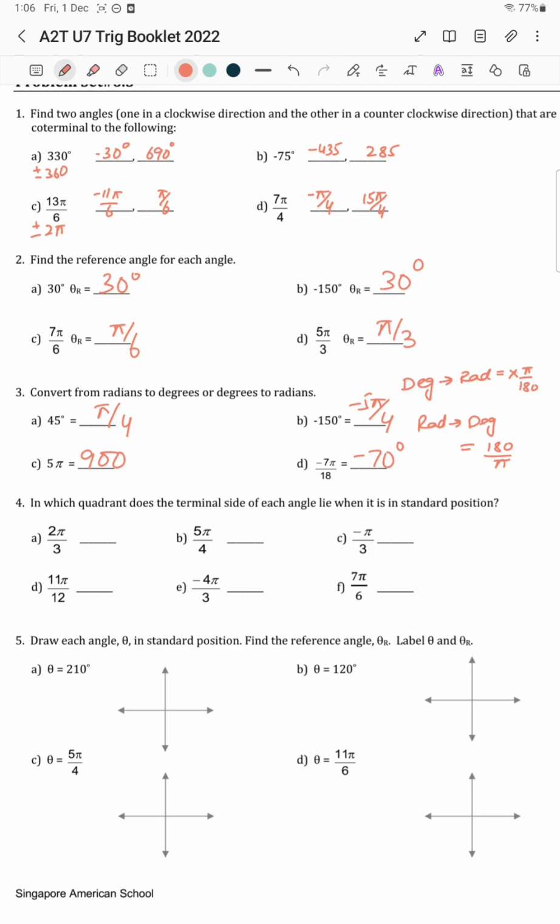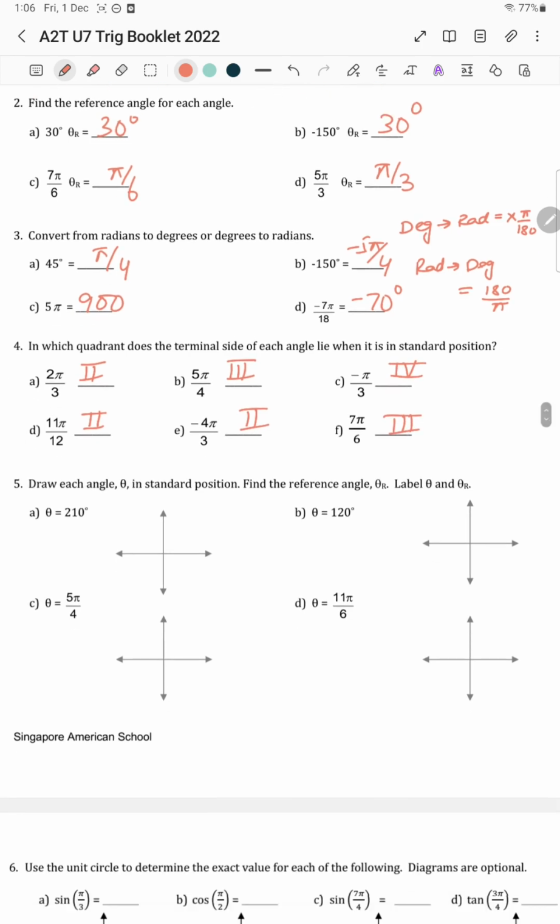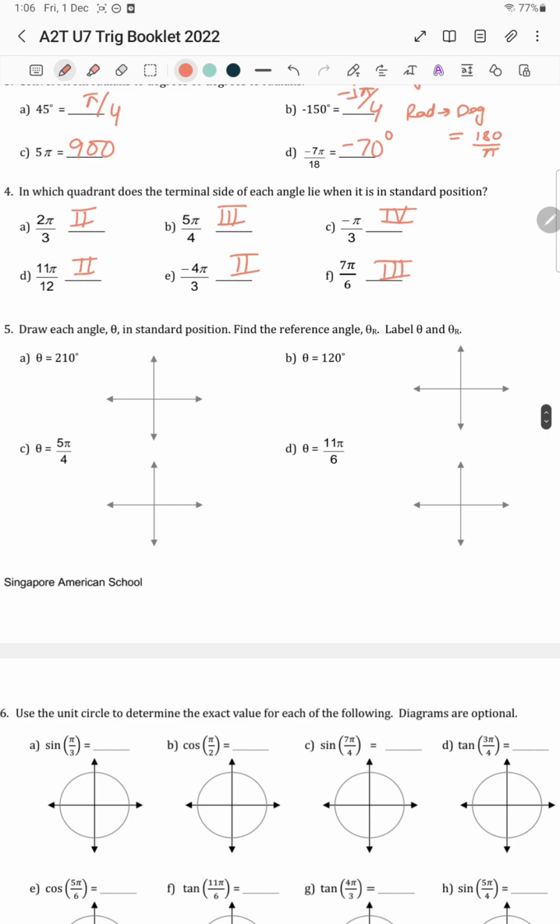In which quadrant does the terminal side of each of the angle lies? Draw each angle theta in the standard position.